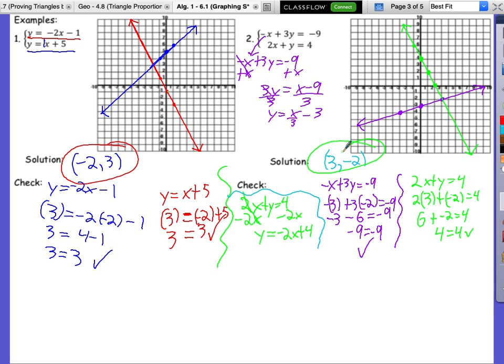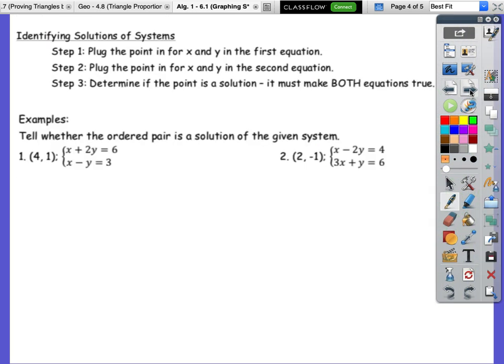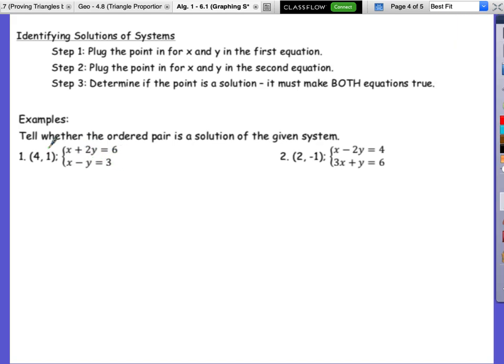We're going to go to the next part right beneath this where it says identifying solutions of systems. So if we're given a system of equations, we're given 2 equations, and we're given a solution, we're trying to tell whether the ordered pair is a solution or not. So instead of trying to find the solution, we're trying to say, is this solution right? Does this one work?